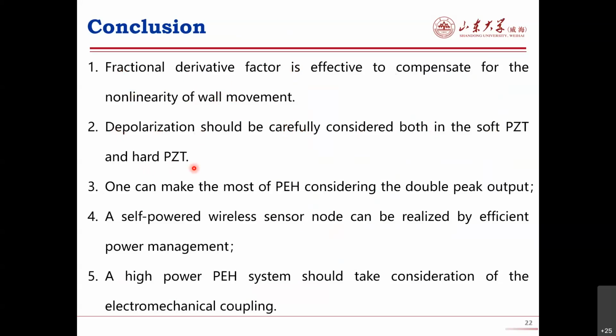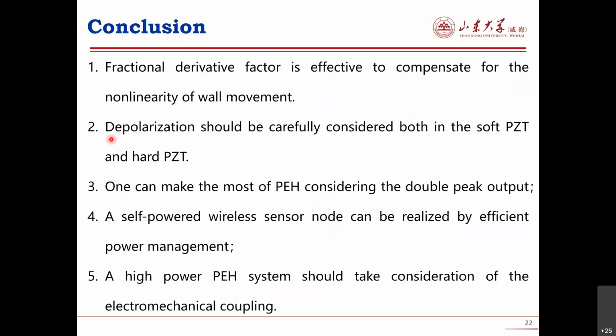As we have said, we can see the double peak phenomenon in the energy harvesting system. So it's necessary to monitor or calculate the stress distribution of the piezoceramic.